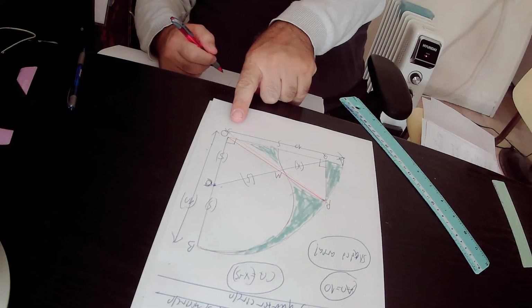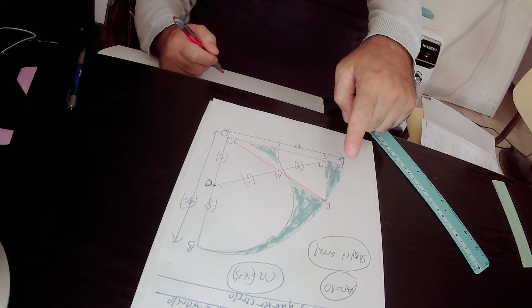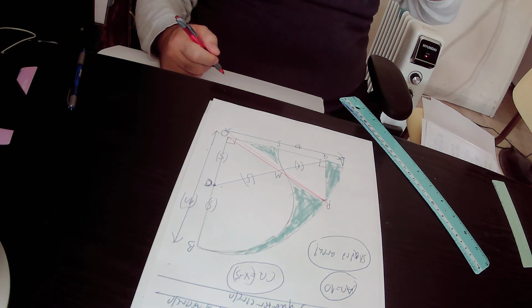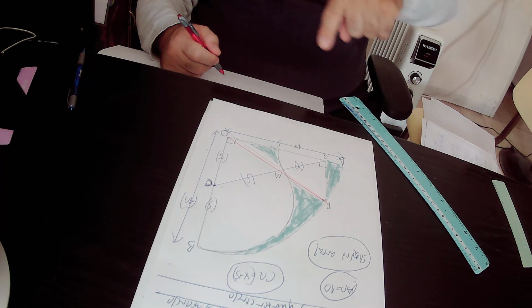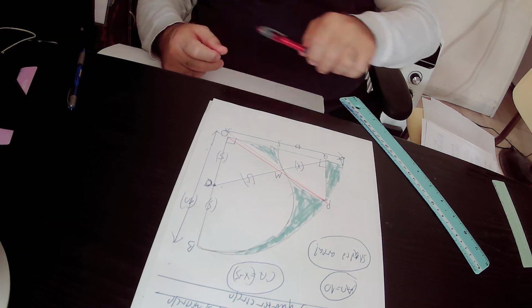Point O is the center of this big quarter circle. Point P is a point on the quarter circle itself. Therefore, PO is the radius of this quarter circle that equals 10 units in length.